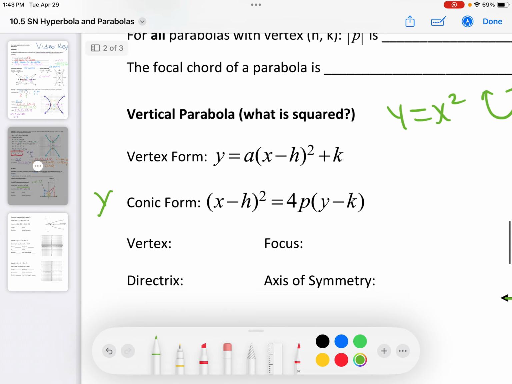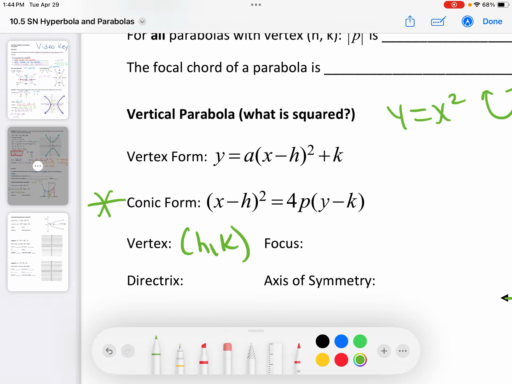And the conic form is here. (x minus h) squared is equal to 4p times (y minus k). There's that value of p we talked about. Now, that vertex is (h, k). h is always with the x, k is always with the y.